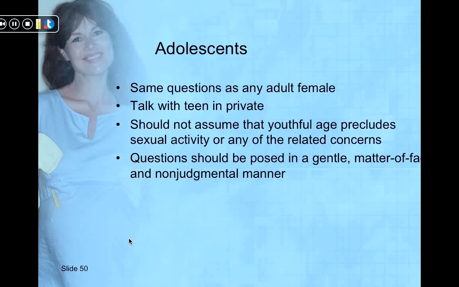Don't assume that just because they're young that they're not sexually active, or that they don't have any related concerns. Sometimes they have questions about their body that their parents are uncomfortable handling, or they've heard things from their friends that just aren't true and that you need to clarify. You need to approach them in a gentle, matter-of-fact way: we don't judge, it is our body, and be comfortable talking about it.